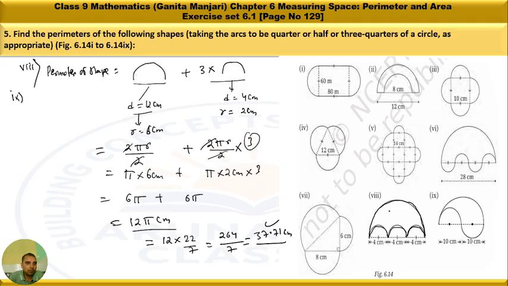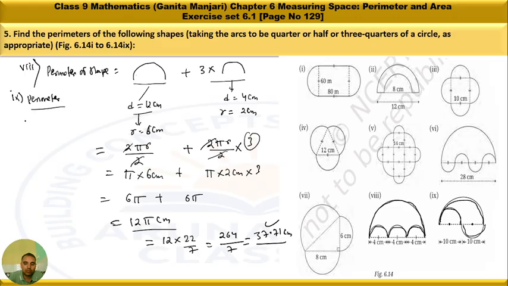Part 9 is having a shape. You can see this is where I need to find the length. This is one semicircle, this is second semicircle, and this is third semicircle. So what I will do, we need to find the perimeter of this shape.